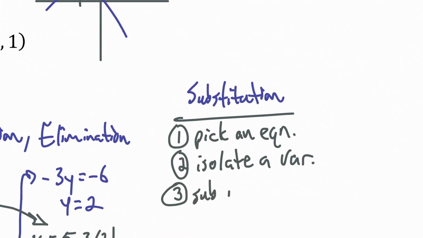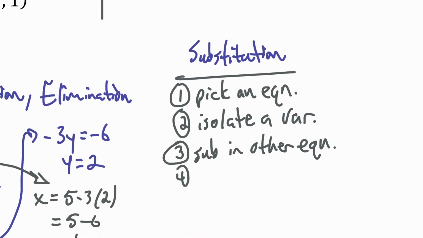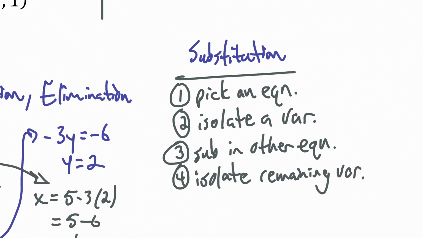Substitute in other equation. Isolate the remaining variable. Okay, and you get a number that way, right? Either x or y.